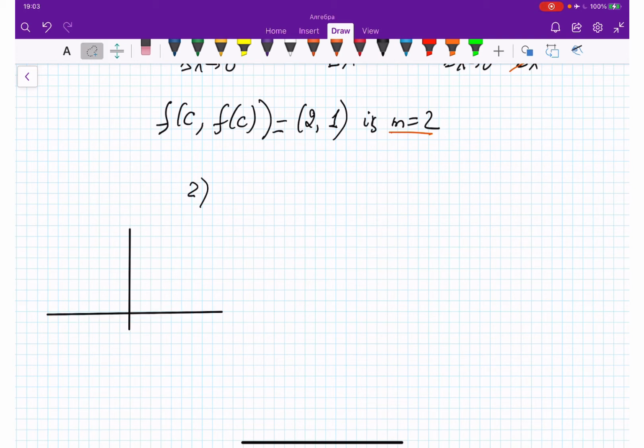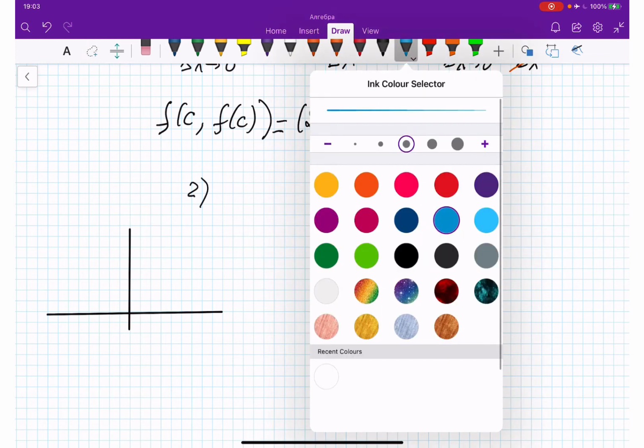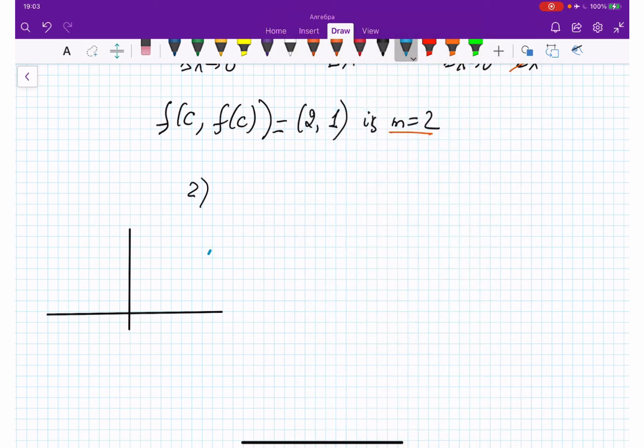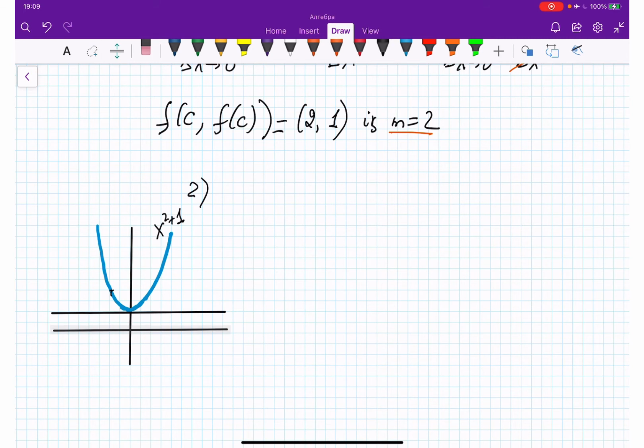And here is my graph. Wish me good luck. I need to draw a parabola. And since I have x squared plus 1, I'm going to move this down by 1. So this is going to be, let's say, my x-axis, right?